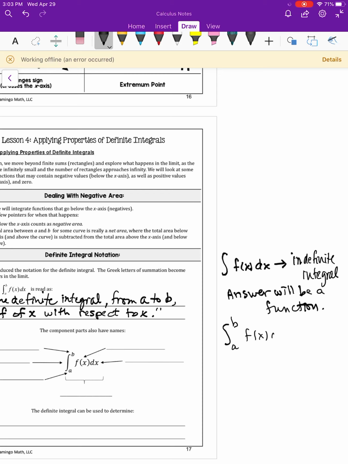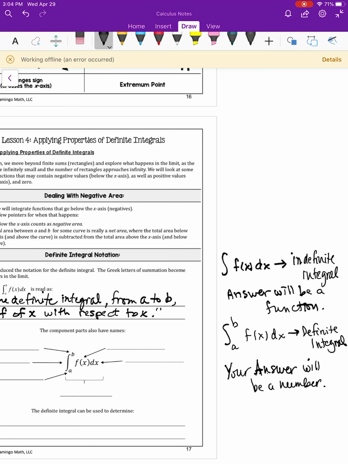If you see your integration sign with a number on the bottom and a number on the top, this is a definite integral. And your answer will be a number. And that number is the area under the curve.